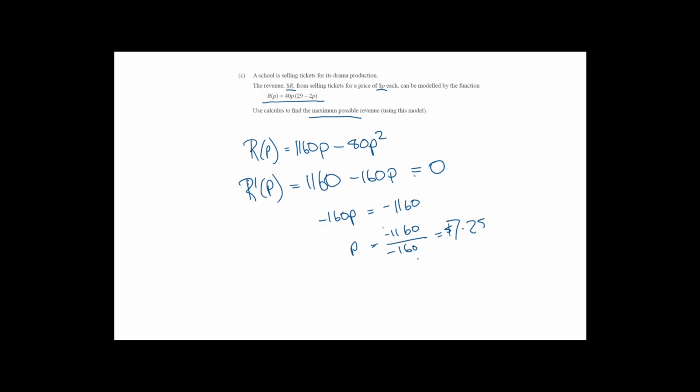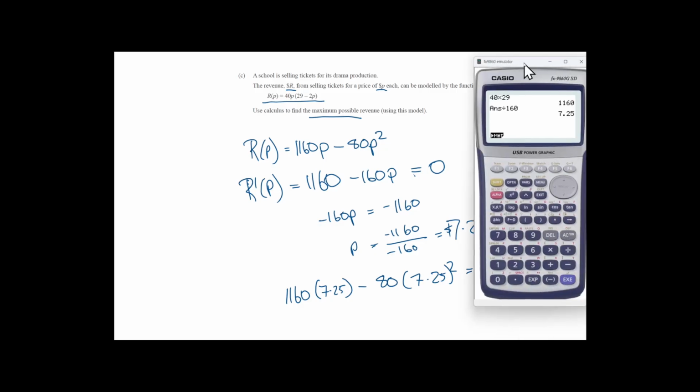Do they want us to prove that it's a maxima? No, we're just going to say that it is. So they want the maximum possible revenue. Okay, well, it's going to be 1160 times 7.25 minus 80 times 7.25 squared.